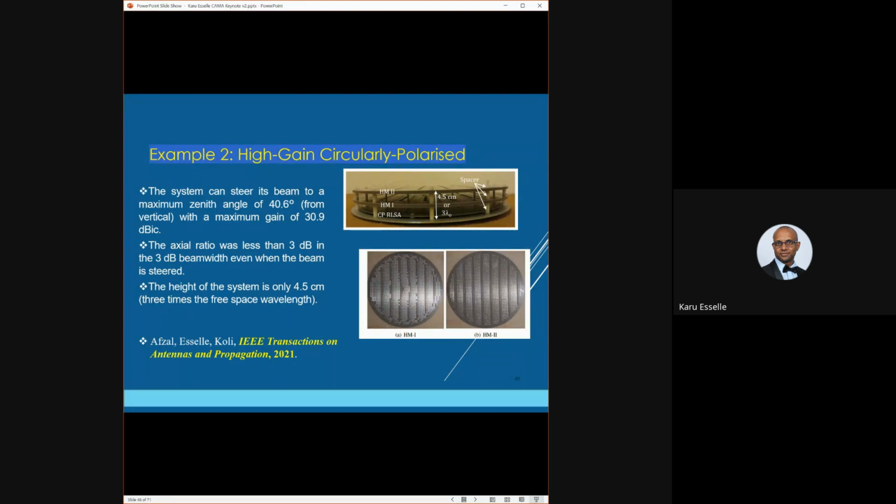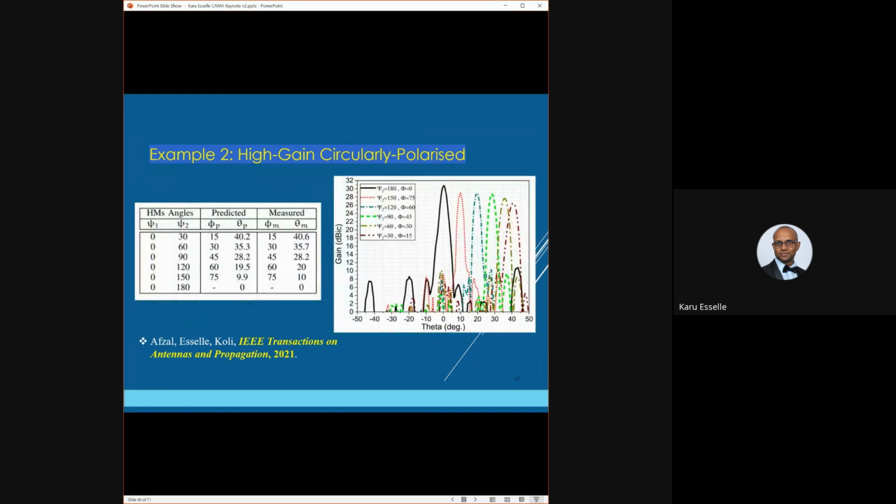This being a circular polarized antenna, it's less than 3 dB across the whole 3 dB beam width, even when the beam is steered. And the height of the system, it's already mentioned, 4.5 centimeters or 3 lambda naught. So some more details you can find in this paper.